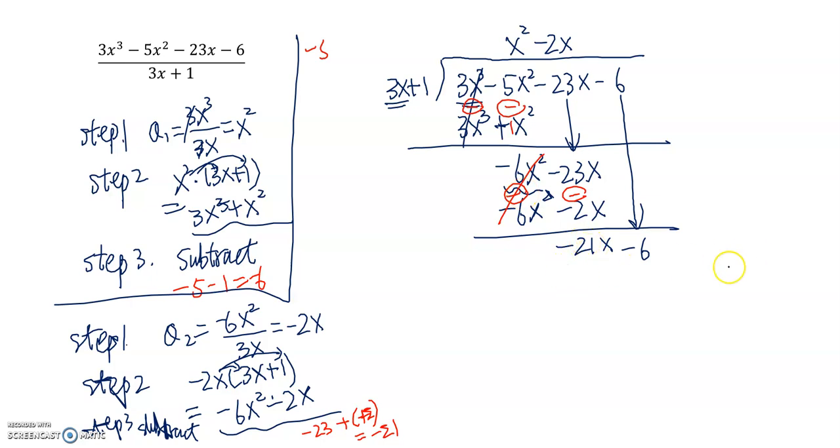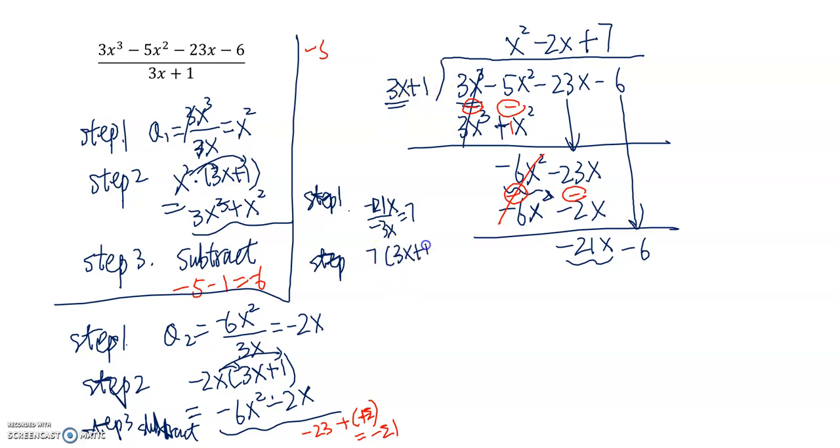So first we divide. Step 1 here again. We divide -21x by +3x. That gives us -7, because -21 divided by 3 is -7, and x cancels x. So that -7 will go on top. And next, we're going to multiply -7, the quotient we found, with the divisor.